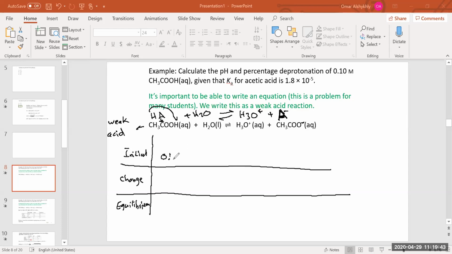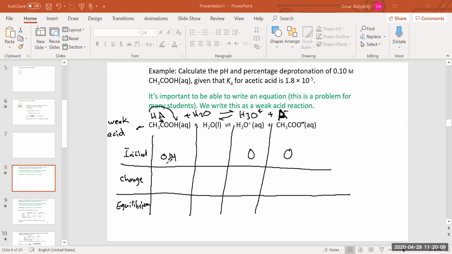Initial was 0.1 molar. Guys, water here will not be included. Why? Leave it blank, because it is a liquid and we don't include it in the equilibrium expression. Okay, here 0, 0.